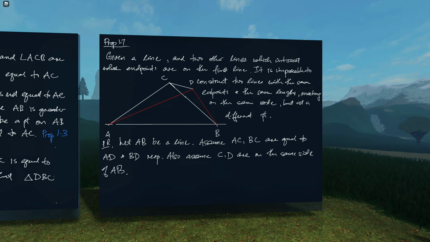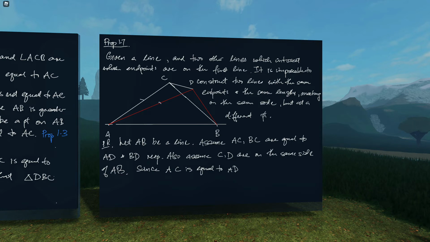Okay, so now we can draw some conclusions. Since AC is equal to AD, so AC and AD are equal by assumption. They're one of the pairs of lines which are supposed to be equal. I'm going to mark them in here.